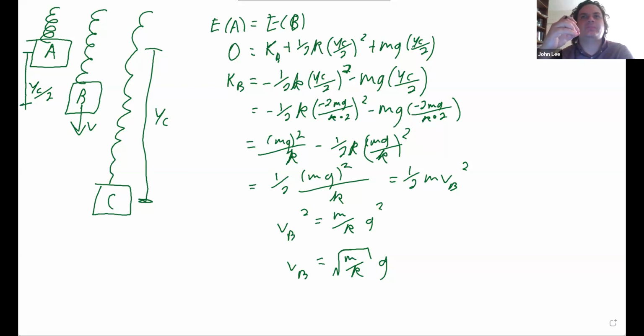Because it's at this point, there's basically no force. Yeah, the forces cancel each other out, so it's being, no, that's not true. Ignore that part.